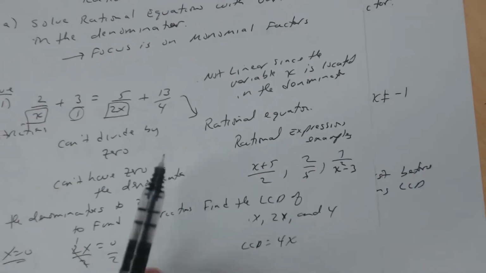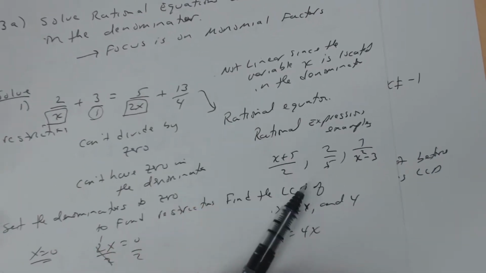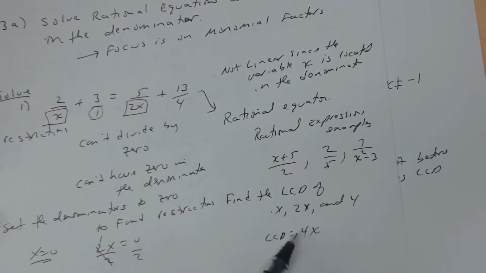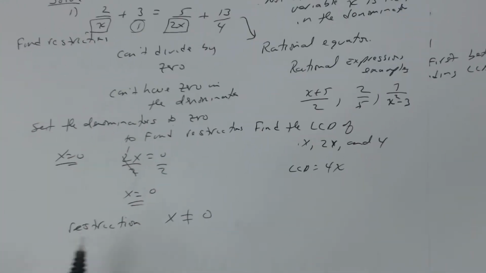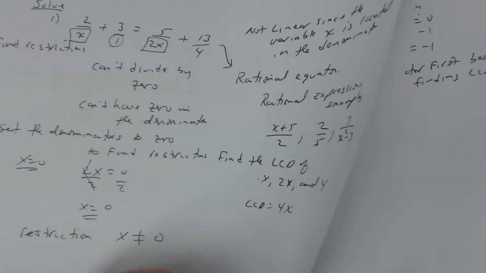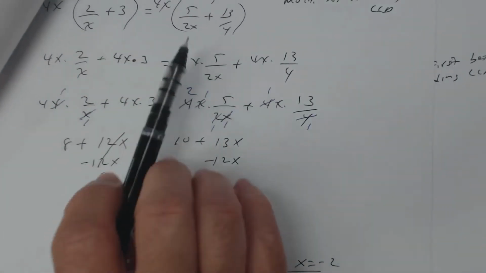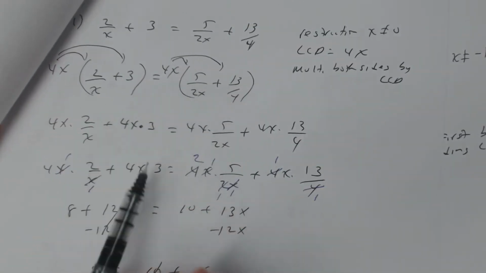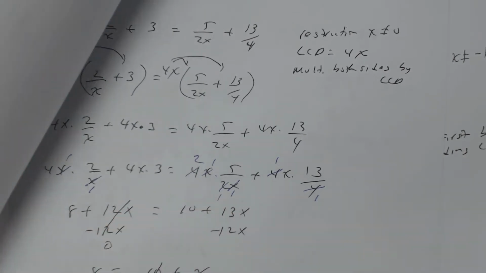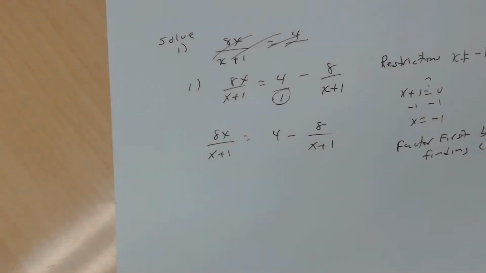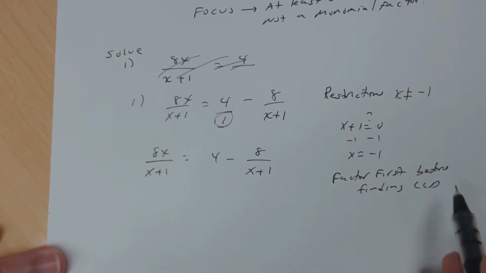Now, just remember before, in the previous lesson, once you found the LCD, in that case 4x, then you multiply both sides by 4x. You also put parentheses whenever you needed to, and then you used the distributive property. Same thing here. So my LCD is just the factor x plus 1.